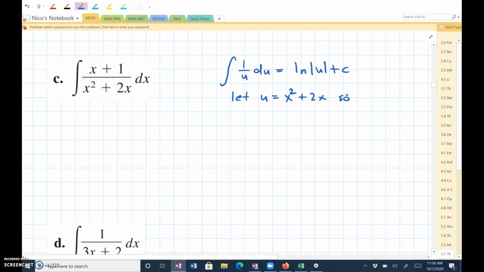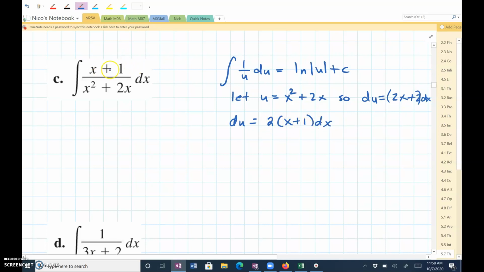So the derivative of u equals 2x plus 2 dx. And then notice that you can factor a 2 out, so then you're going to have x plus 1 times 2 times x plus 1 dx.